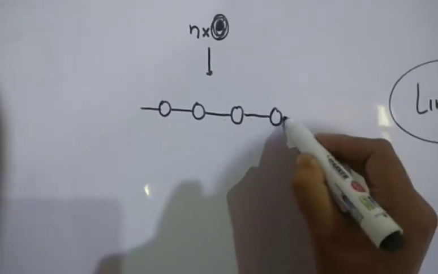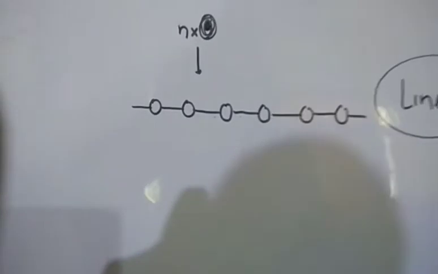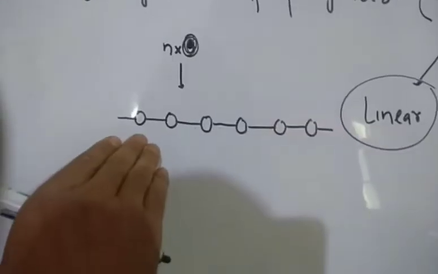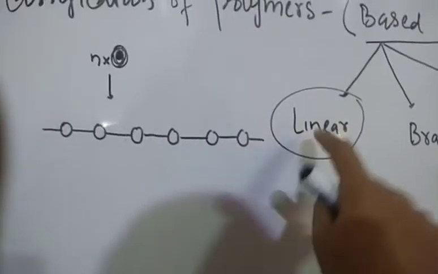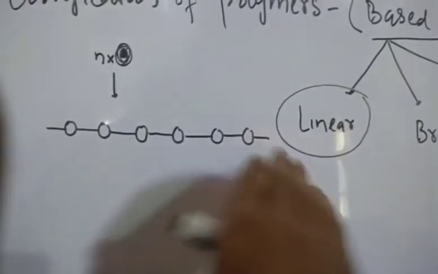So this is a polymer chain, long molecule of a polymer chain. Now if the monomers are arranged in such a fashion that they are arranged along a single dimension, एक ही dimension में if they are arranged linearly like a chain, now this type of polymer is called as a linear polymer. So in the linear polymer, the monomeric units in a polymer, they are arranged along a single dimension. So it's called as a linear polymer.